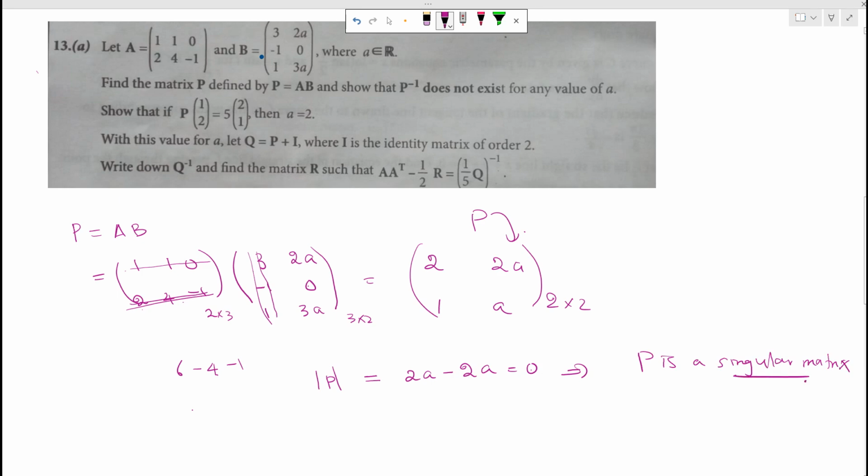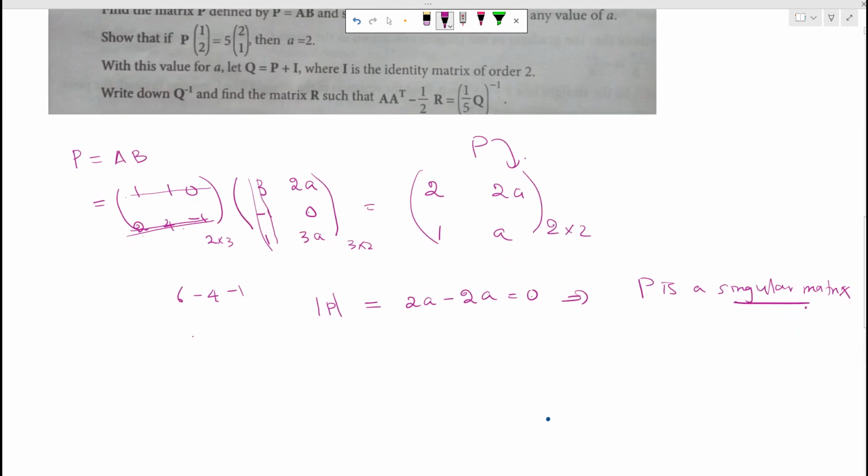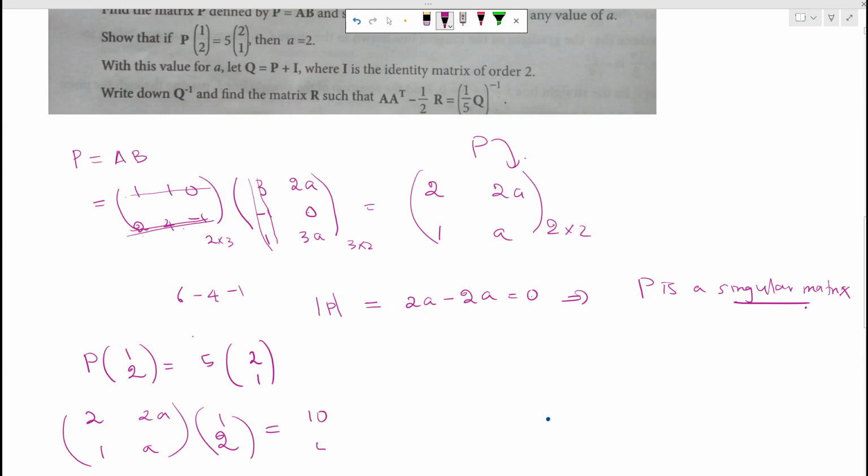Now we have to find the value of a. For that they have given a relationship, P into 1 2 is equal to 5 into 2 1. Now P is 2a 1 a, into 1 2, that would be equal to 10 5, because this is scalar multiplication.